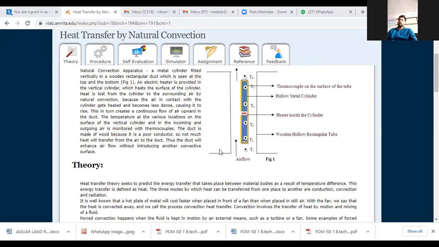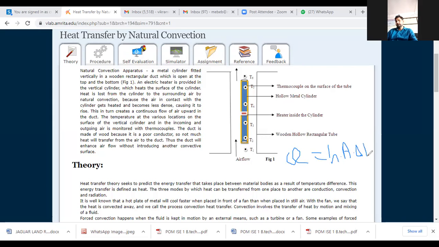So simply we can write the equation as Q is equal to H multiplied by A multiplied by delta T. This is Newton's equation.